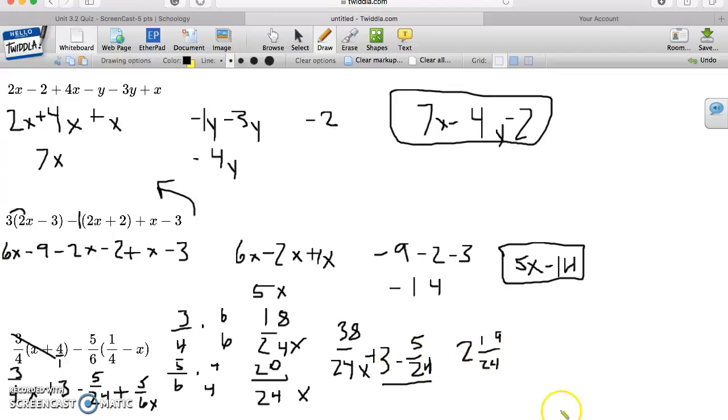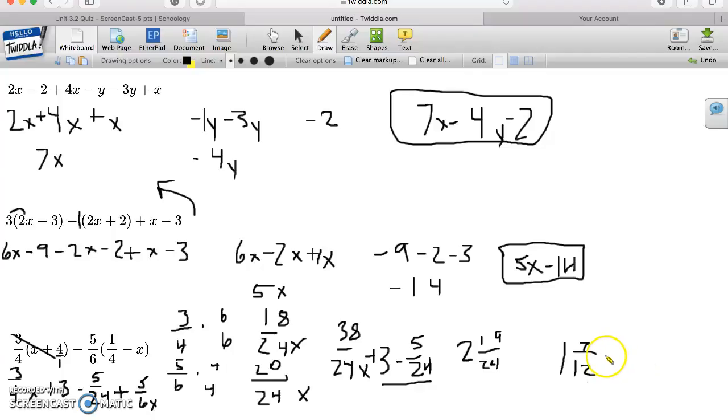So then lastly, we're going to make this a proper fraction. This last one, it's not going to be improper. So we have 1. Oh, so actually I'm just going to simplify it. So we can do 1 7/12.